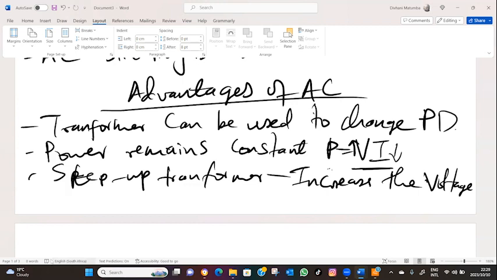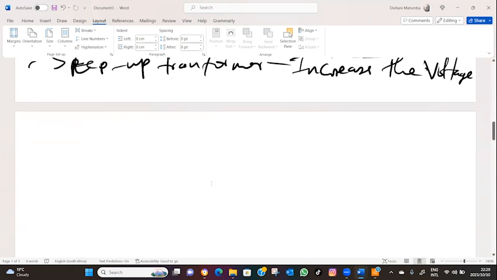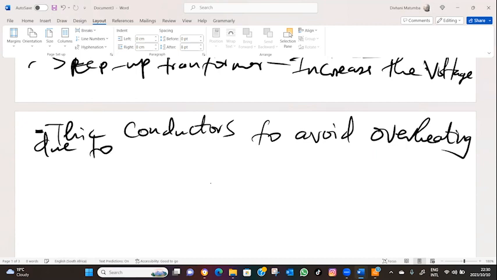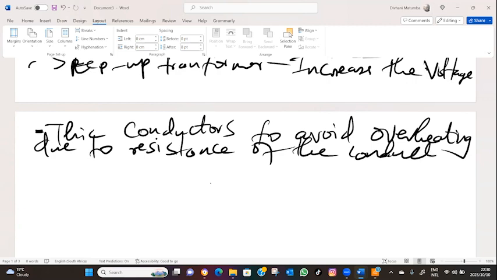And the other thing that is very important when transmitting electricity, we must use thick conductors to avoid overheating due to resistance of the conductor. All right, that helps.